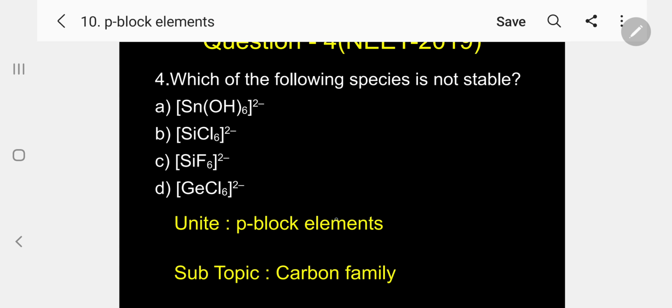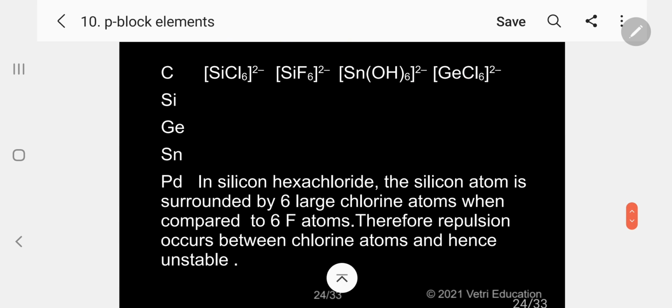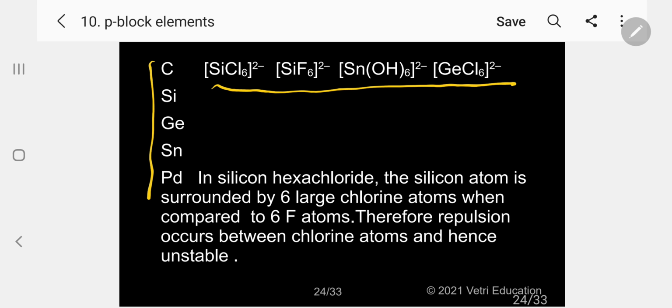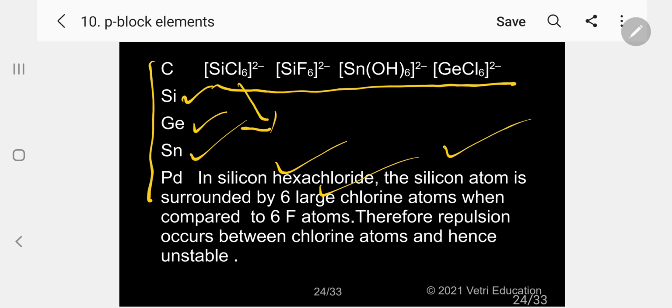So let me come to the explanation. I have arranged all the four compounds. This is the carbon family, and we are discussing silicon, germanium and tin. In silicon hexachloride, the silicon atom is surrounded by six large chlorine atoms, compared to six fluorine atoms which are smaller in size.